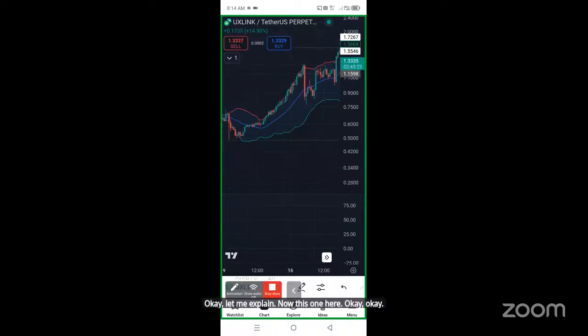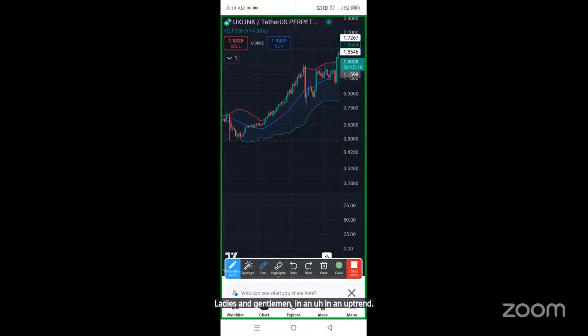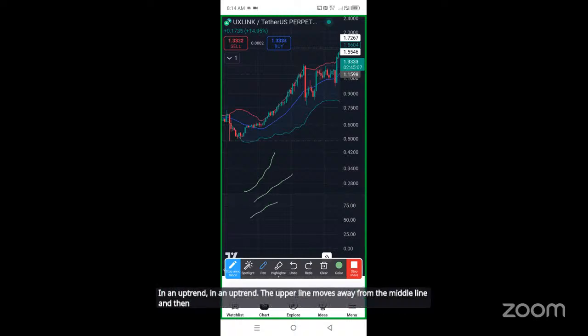Ladies and gentlemen, in an uptrend, the upper line moves away from the middle line, and then the lower line tends to deviate away from the middle line. All right.